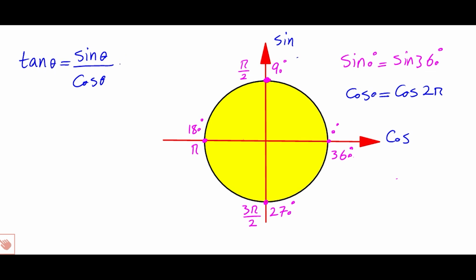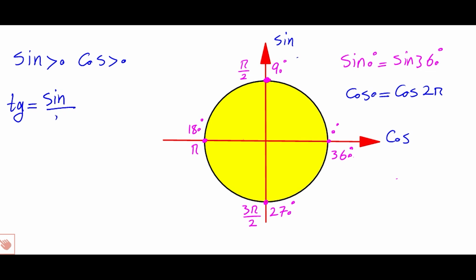So let's go ahead and examine the different quadrants. In the first quadrant, the signs of sine and cosine are positive because the first quadrant is located up and to the right. So in the first quadrant, sine is positive, cosine is positive, so tangent, which is sine divided by cosine, is positive.